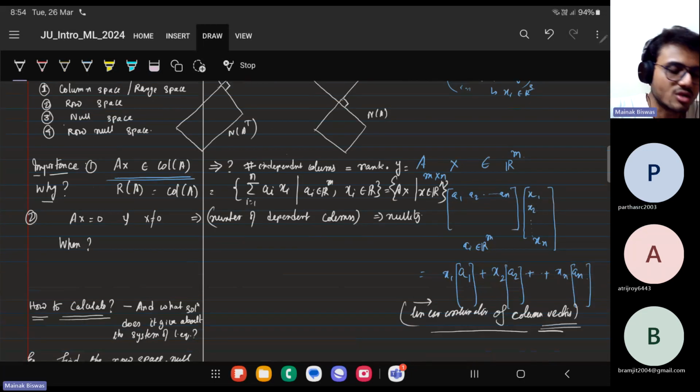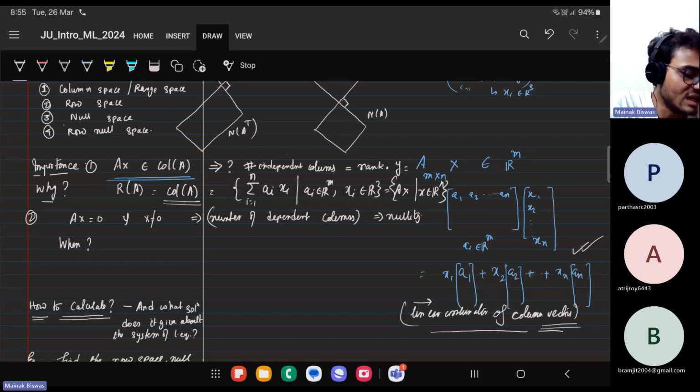The linear combination of the columns is in the column space. Any vector matrix multiplication is going to give you an element in the column space. We just saw that. So I wrote the column space as a set. That's what a space is. It's a set of A times x, where x belongs to R^n.